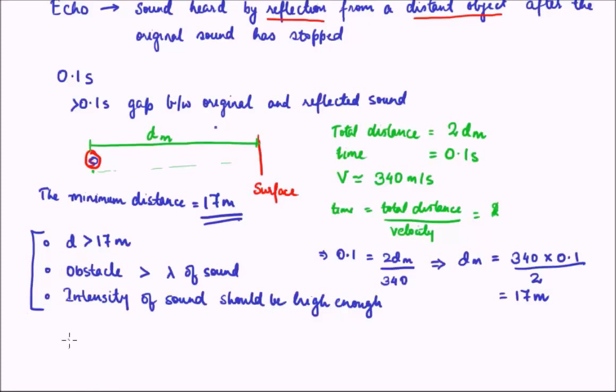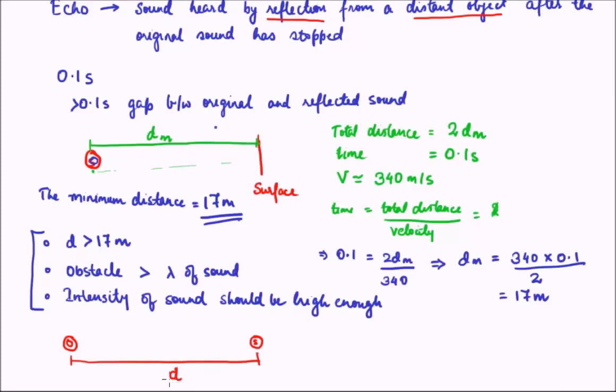Let's say an observer is here and a surface is here. We want to measure the speed of sound, and we know this distance. Let this distance be d.